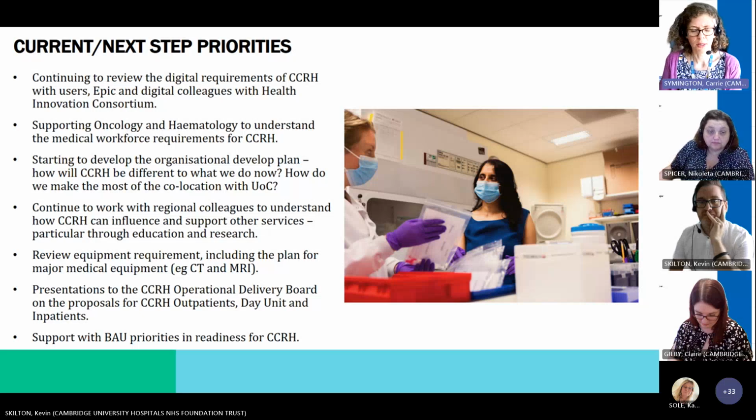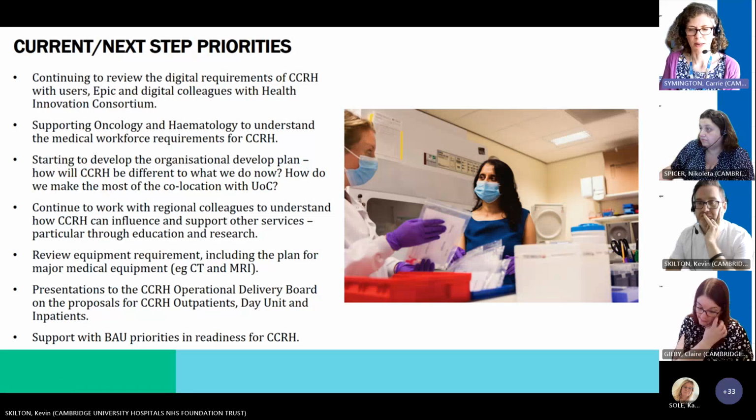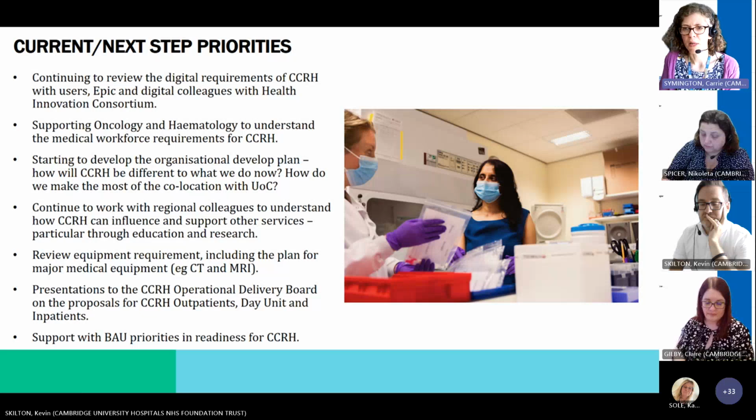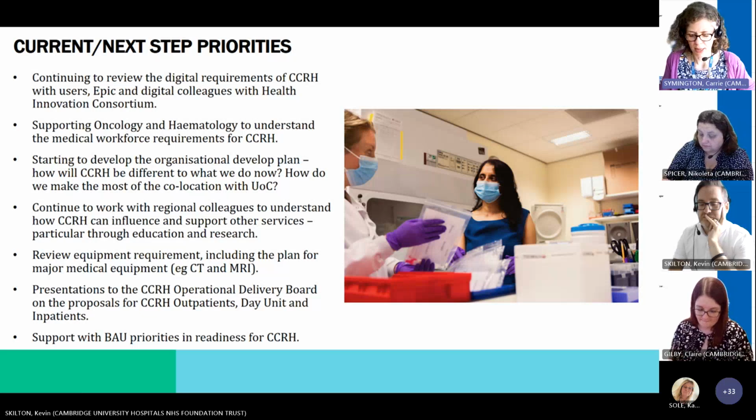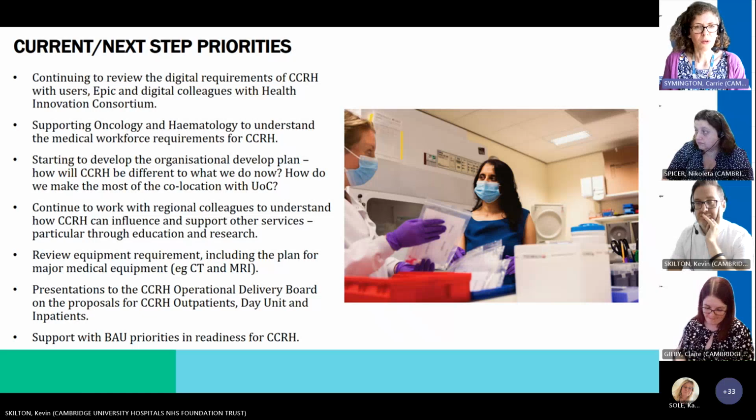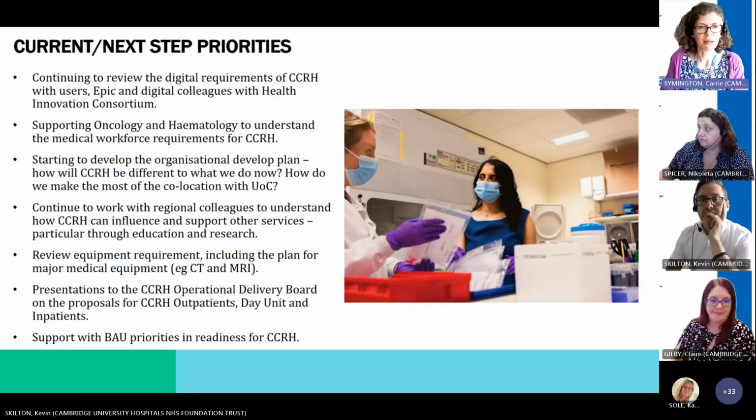So this involves Claire Stoneham from an exec perspective on what we think our outpatient day unit inpatient models will look like, and that's just feeding back to the work that we've been doing in our working groups with many of you. And Ingrid and Rachel continue to be very involved in some of the work which you guys are doing already around day unit and outpatients in particular. So lots going on, lots still to do. Thank you for the opportunity to update. I'm sure I'll be back next time.